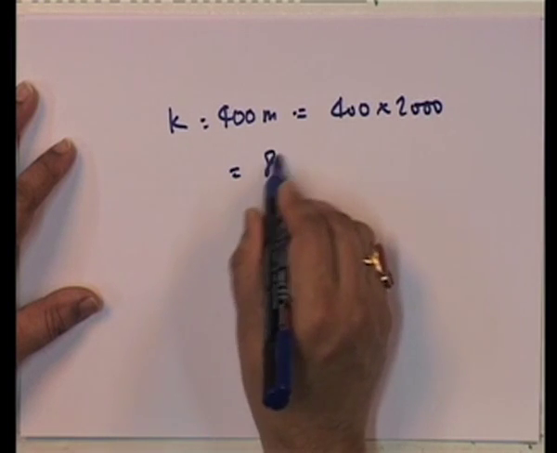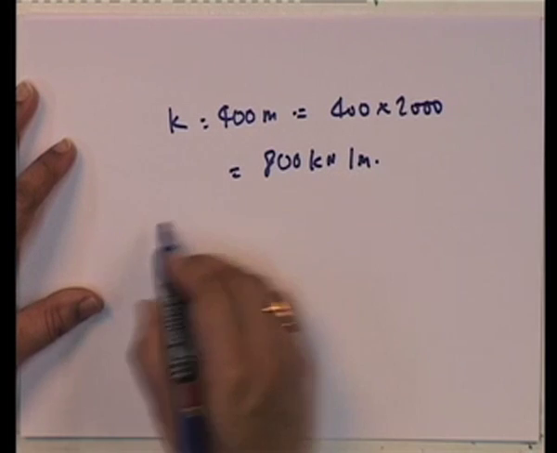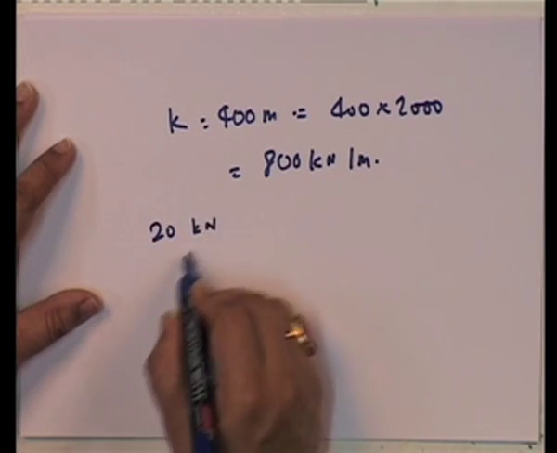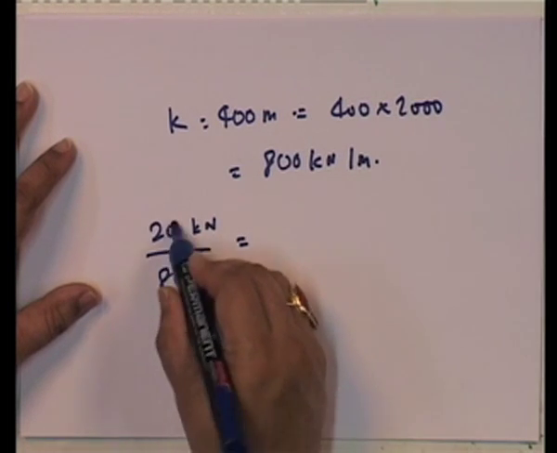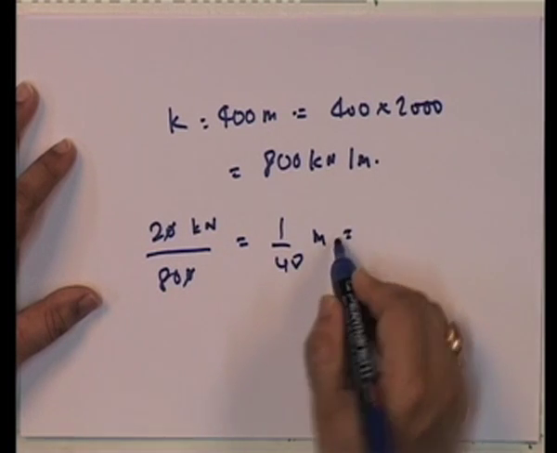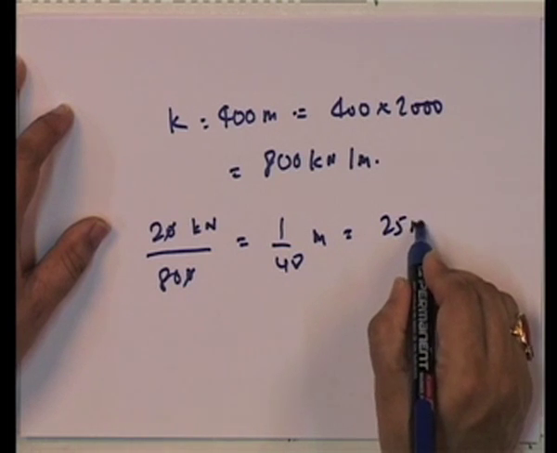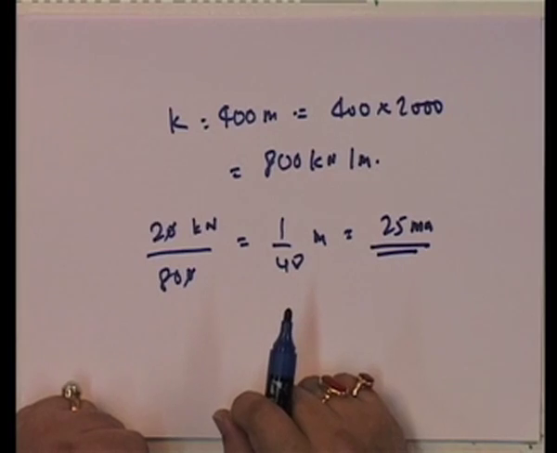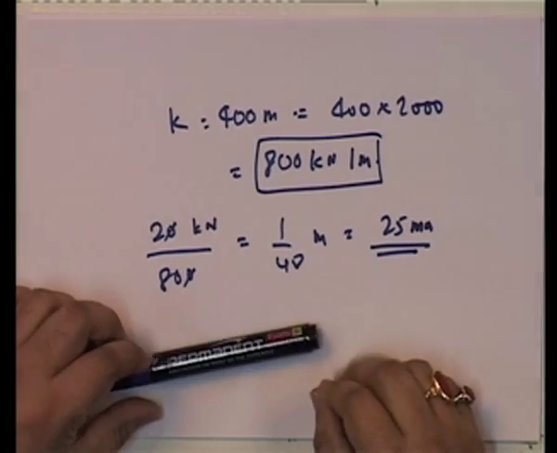Okay, so this becomes 800 kilonewton per meter. Under the load of 20 kilonewton upon 800 kilonewton, how much does this go? 1/40th of a meter. 1/40th of a meter is equal to 25 millimeter, which is doable, 2.5 centimeter. Okay, this is a viable shock absorber system.